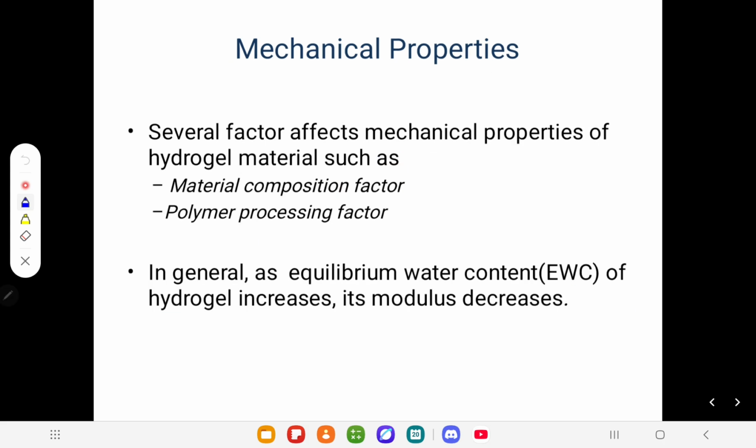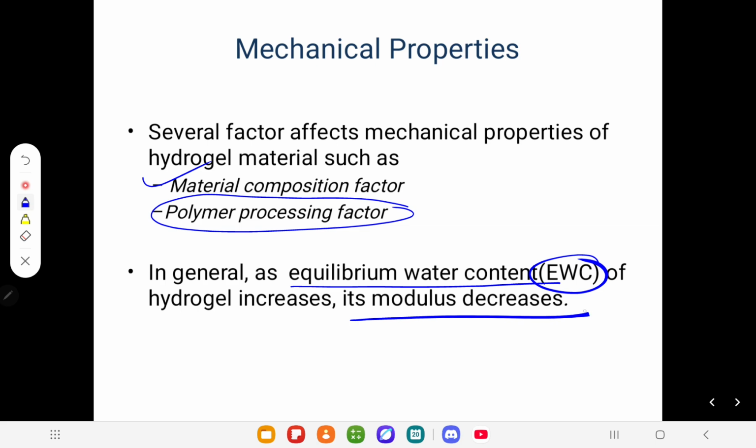Yes. So mechanical property. Several factors affect the mechanical property of the hydrogel material, such as the material composition factor. Another very important one is the polymer processing factor. It means whether there is a lot of cross linking or not. Yes, in general, as the equilibrium water content (EWC) of the hydrogel lenses increases, its modulus decreases.